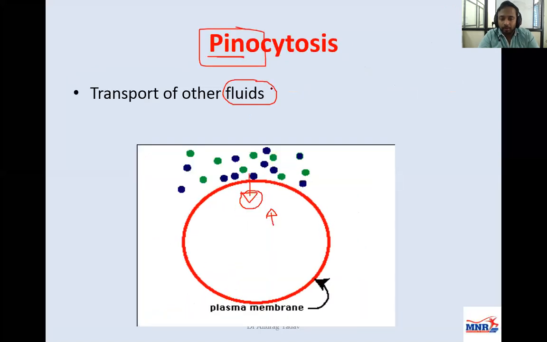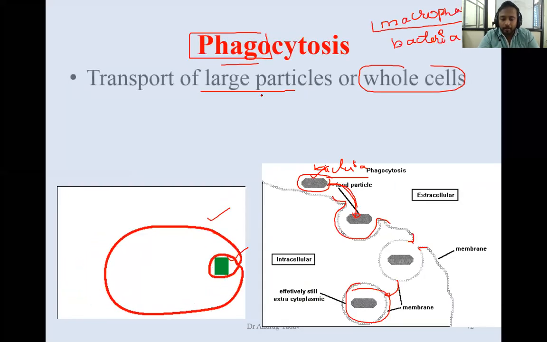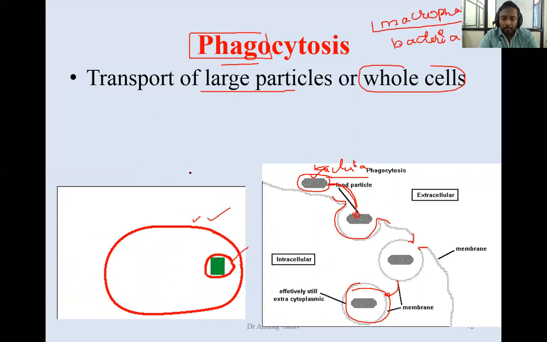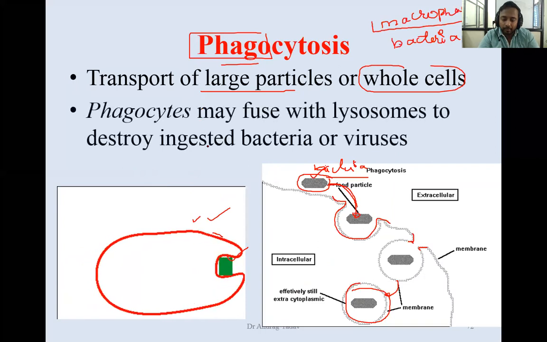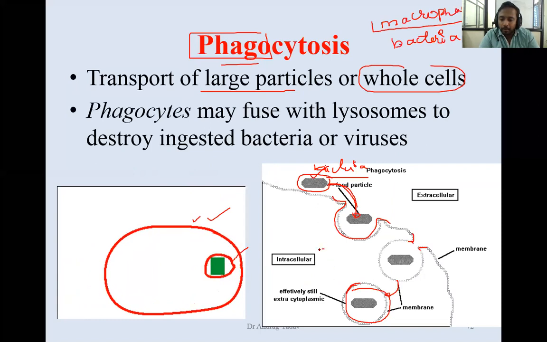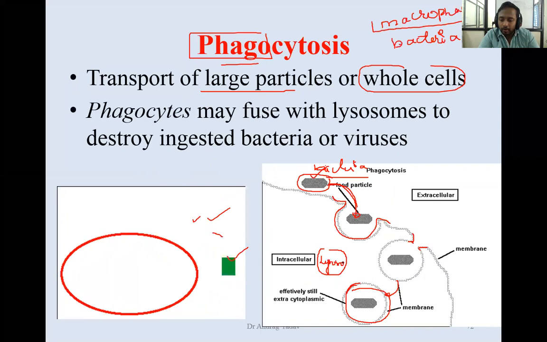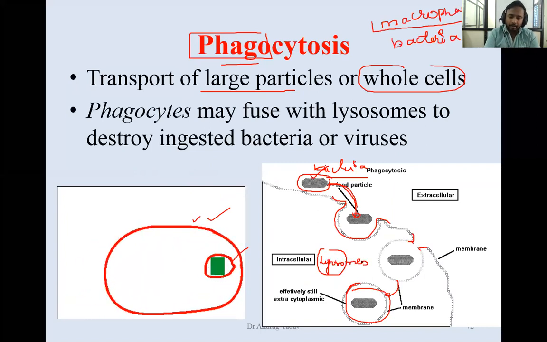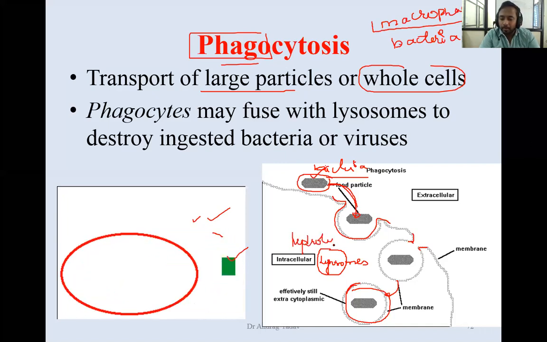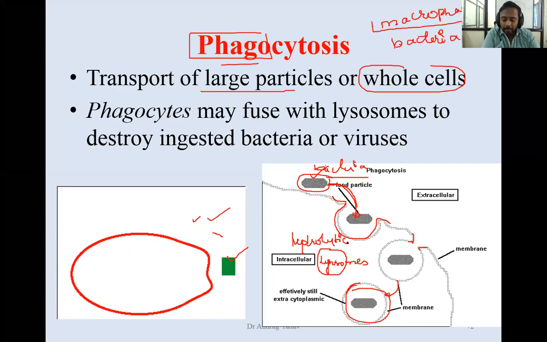Previously we saw pinocytosis, the movement of fluid into the cell, whereas large hard particles, or even a whole cell like bacteria or viruses, can be engulfed through this procedure, that is phagocytosis. Routinely, what happens is this phagocytosed component meets another component in the cell called lysosomes, also called the digestive tract of the cell, which contains various hydrolytic enzymes that can digest lipids, carbohydrates, proteins, and also nucleic acids.